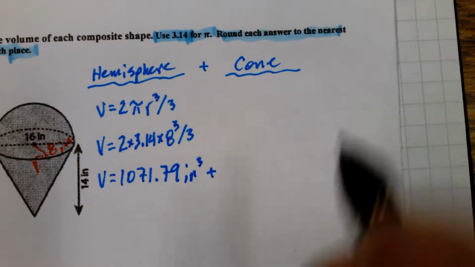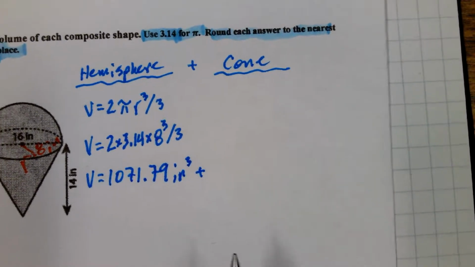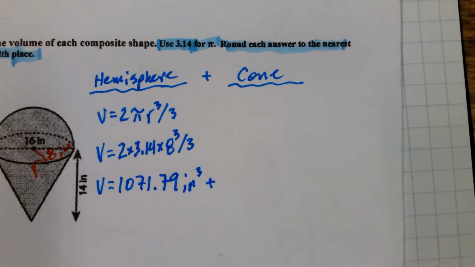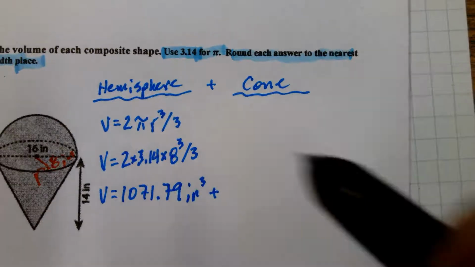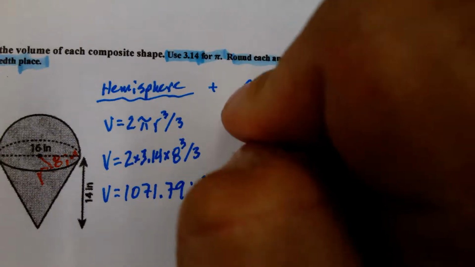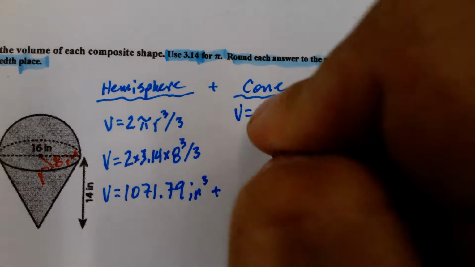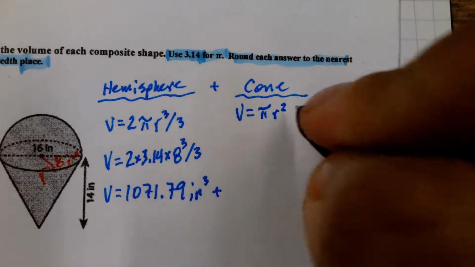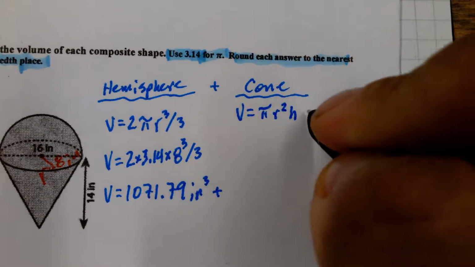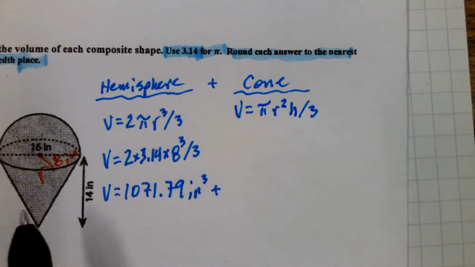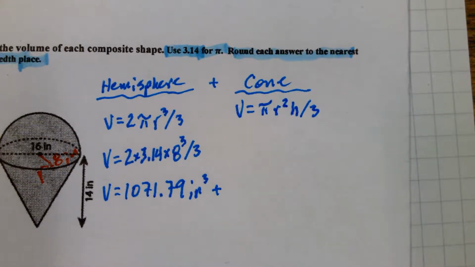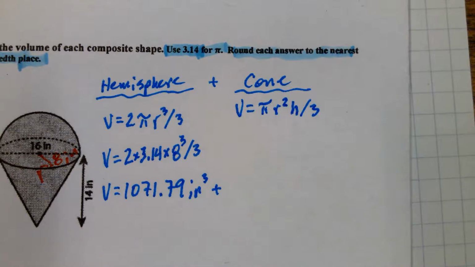We're going to add to that whatever we get for the cone. So let's look over the volume. We haven't done a cone in a minute. So it's pi times radius squared times the height, and then divided by 3. Okay? So we do have a height. The height is 14.